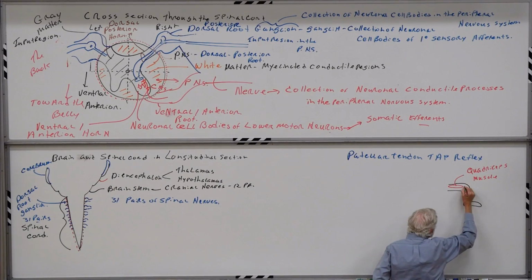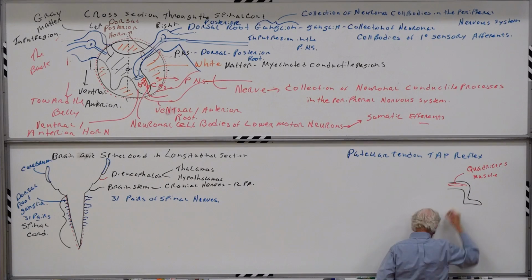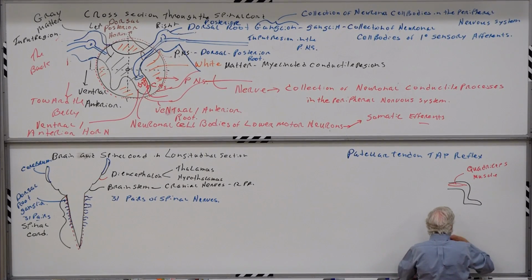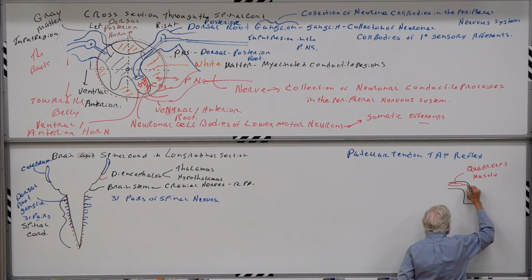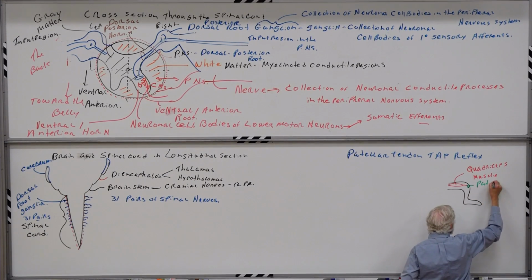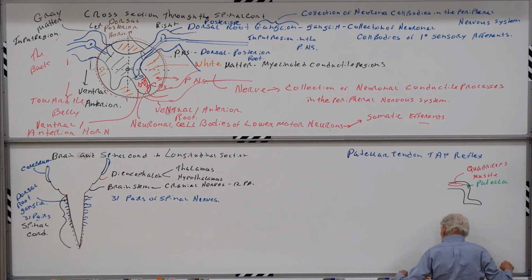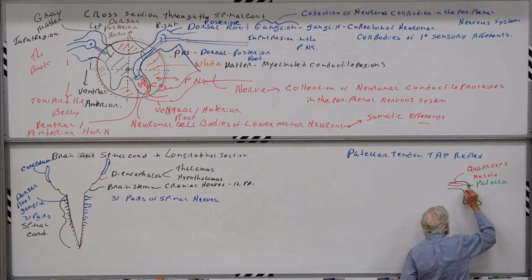The quadriceps muscle has a tendon that's attached to the patella. And the patella then has another tendon which will attach it to the two bones of the lower limb, the fibula and the tibia.